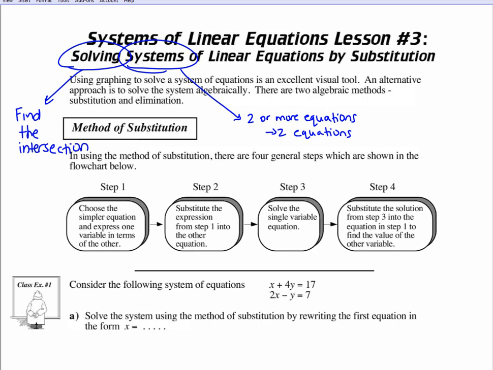Where they meet. The definition is two or more equations, but we're just going to have two equations in Math 10C. Unless you did AP, sometimes we do 3.